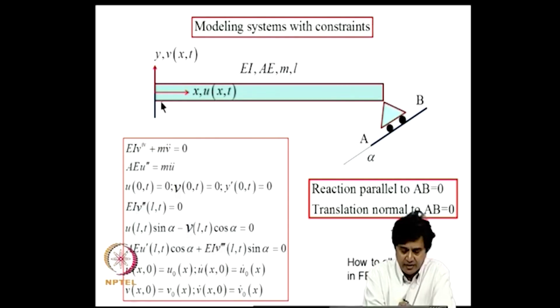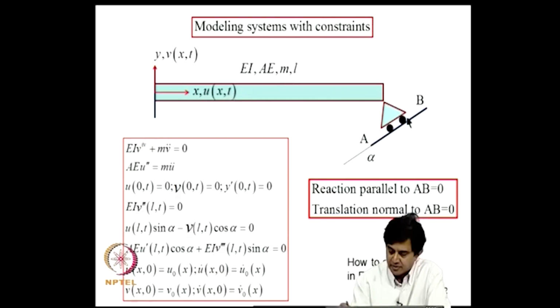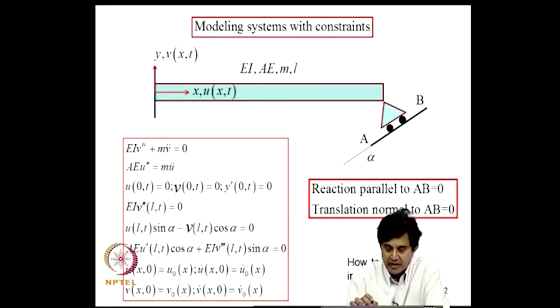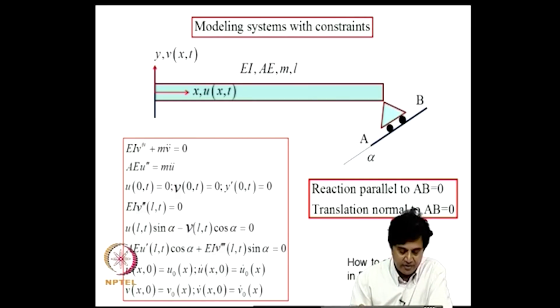So, if we consider, say, a cantilever beam which is now supported on a roller which is inclined to the horizontal through an angle alpha. How do we formulate this problem? Suppose we want to formulate this problem within the framework of axial vibration of bars and Euler-Bernoulli beam theory using the partial differential equation approach.